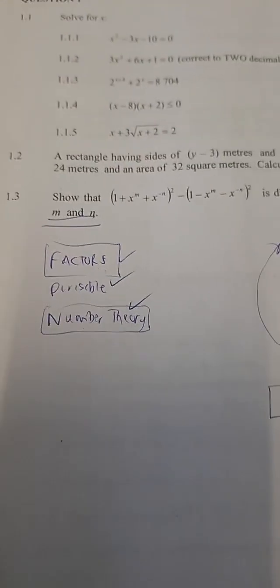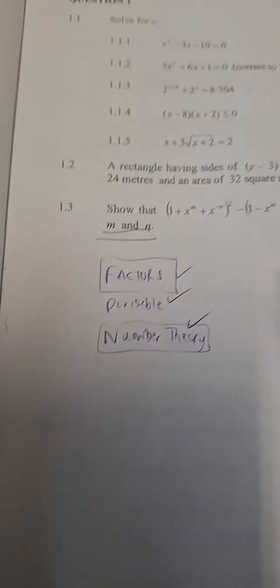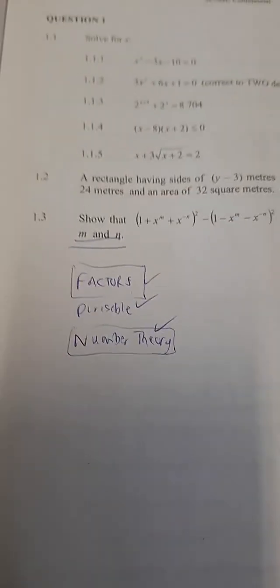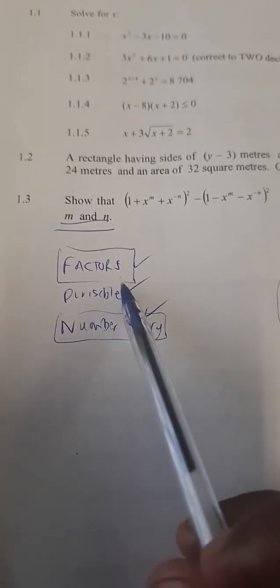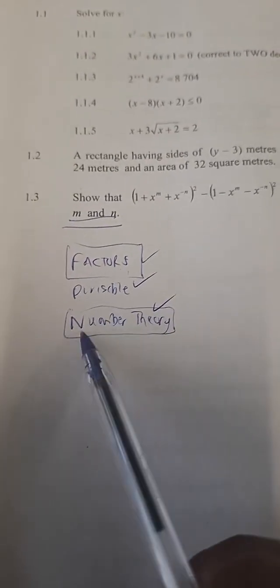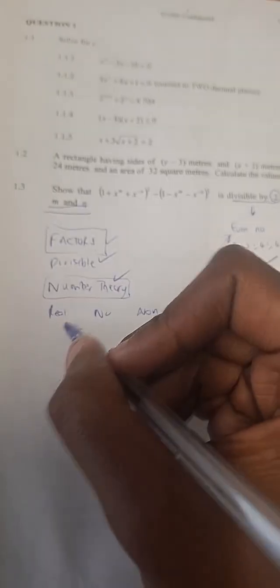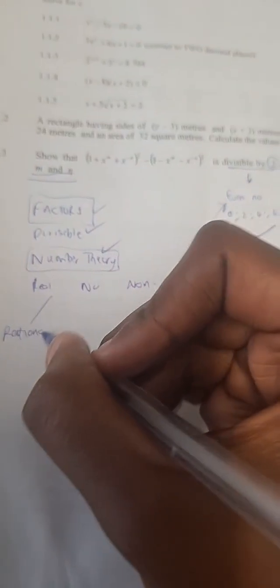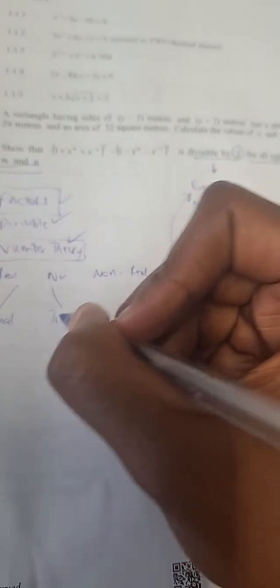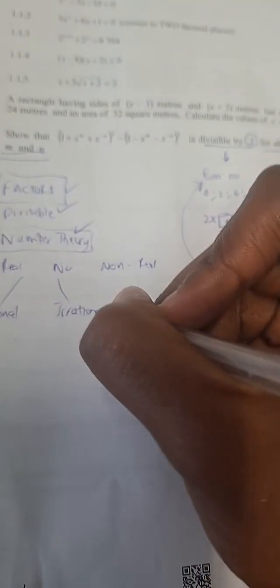Or if you have ChatGPT, or any other AI engine that you use, you can go and discover all the theory around these things. Your number theory, you need to know what a real number is, what a non-real number is. For real numbers, please know what a rational number is, and what the difference is between a rational number and an irrational number.